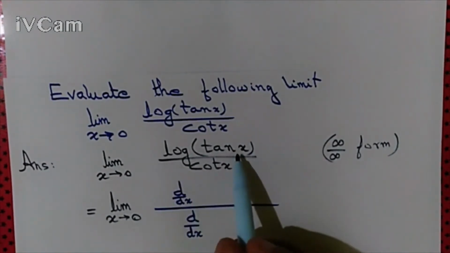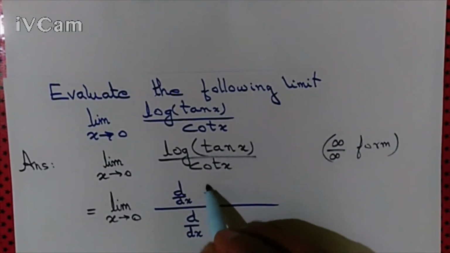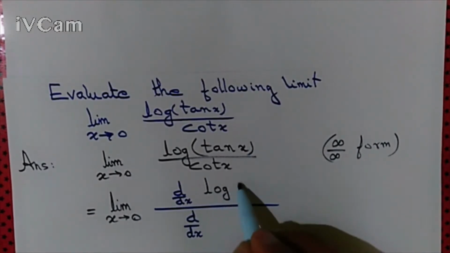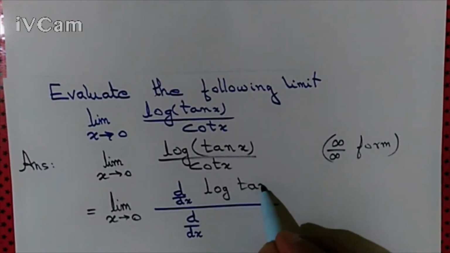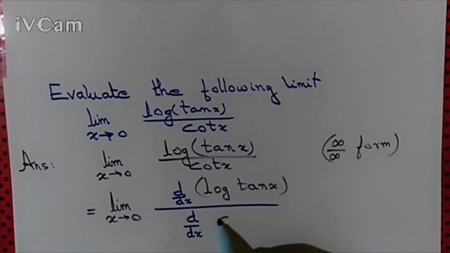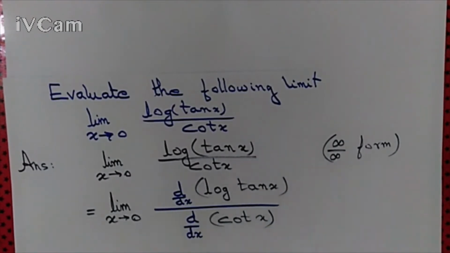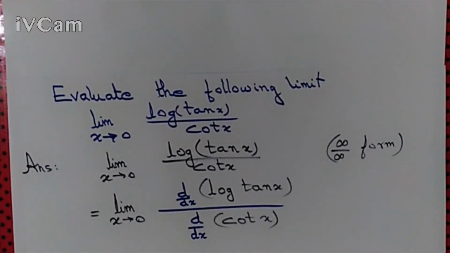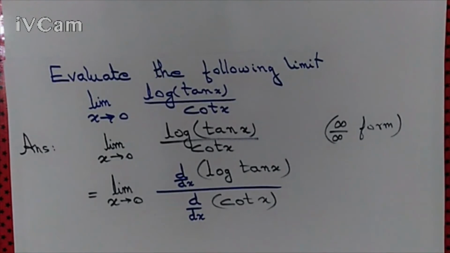d dx of the numerator log of tan 10x, and d dx of the denominator is cot x. That's equal to limit x tends to 0.